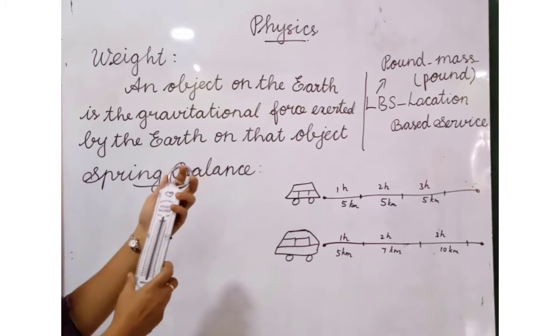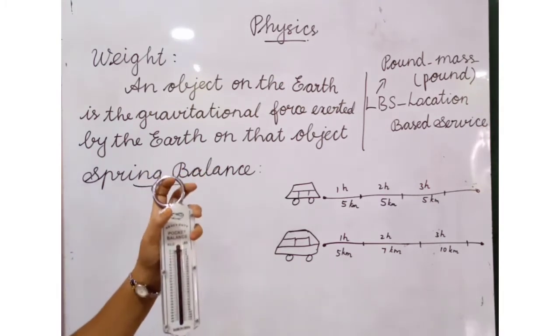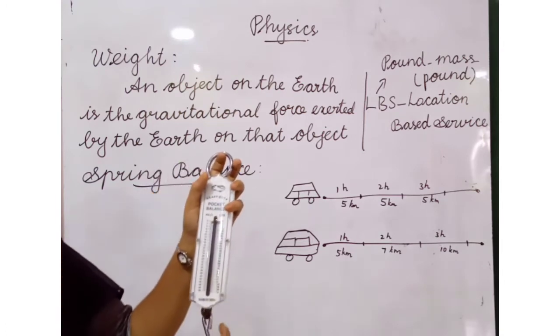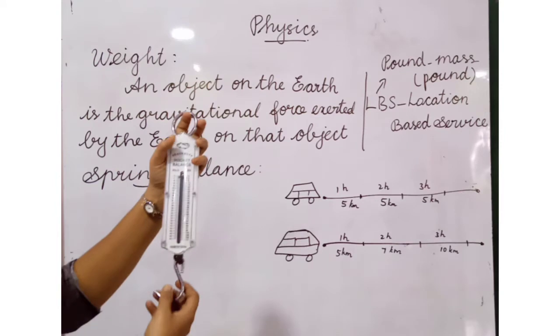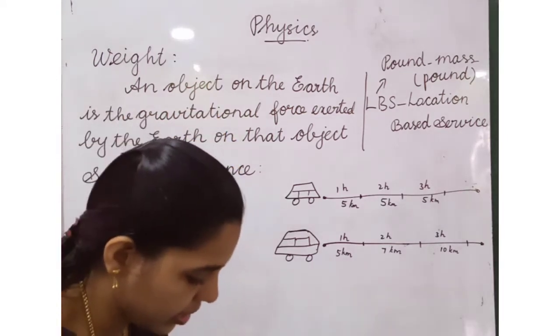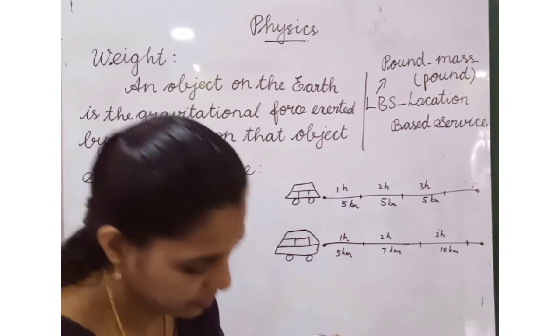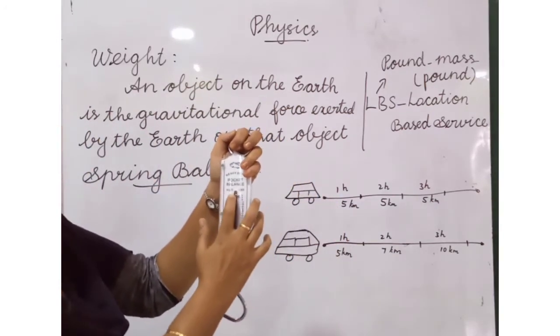Okay, what is the principle of the spring balance? Do you know? Listen, the more the force, the more the pull. When we take the object like this, listen here, this is the normal measurement.